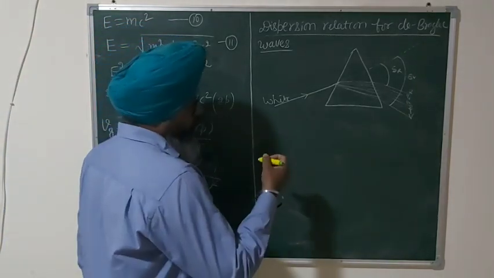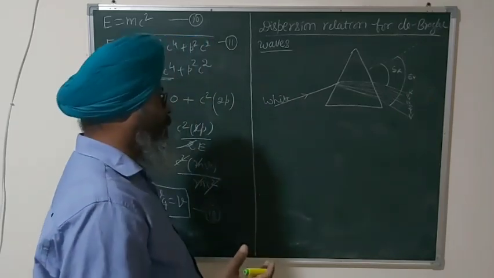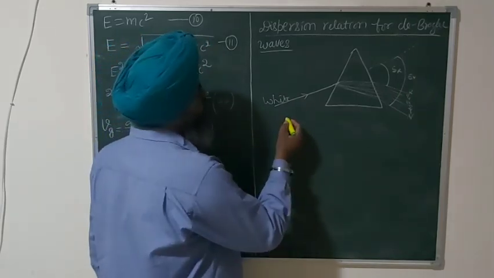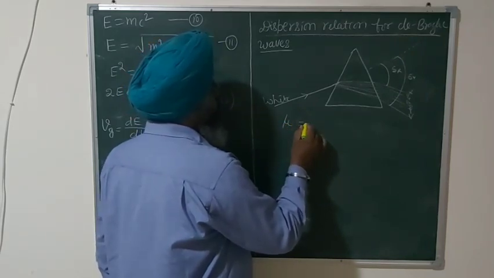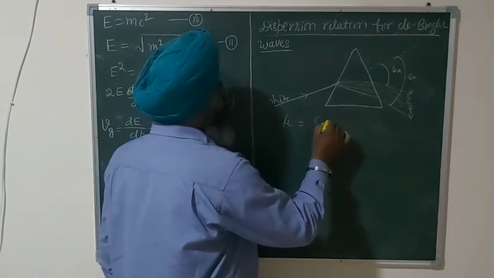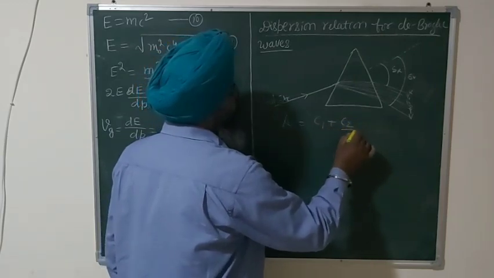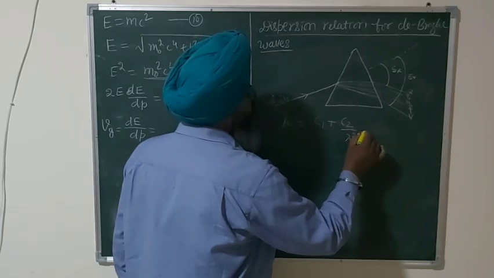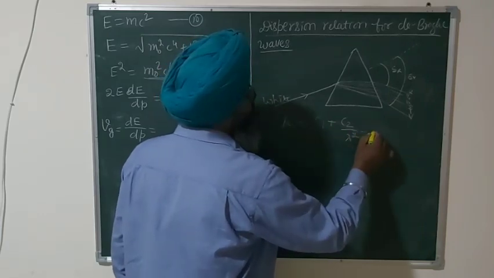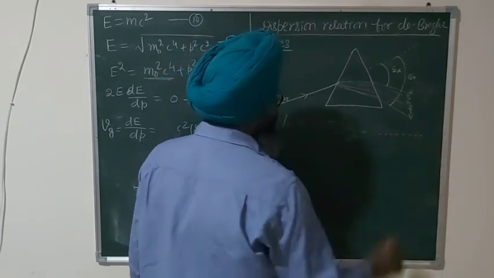Now why this happens, this explanation was given by Cauchy. According to Cauchy, the refractive index mu of a medium is a function of the wavelength of the incident light according to this expression. Actually this is an endless series.